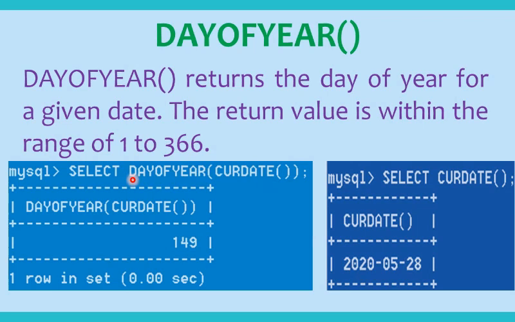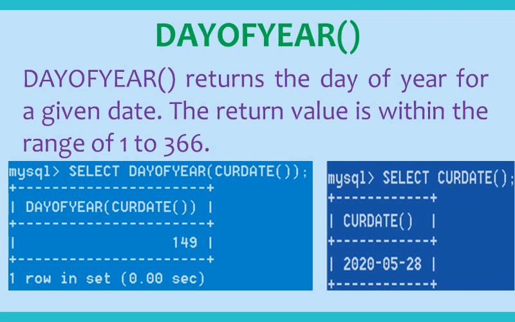Now suppose we apply this command, select day of year current date. It will count from Jan 1 till date, means up to 28th May 2020, how many days have passed in the year. So it will count from Jan to 28th May. How will it count? There are 31 days in Jan, 29 days in Feb, 31 in March, 30 in April, and today is 28th May, so 28 days of May.